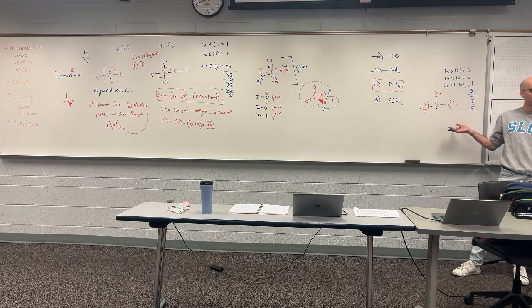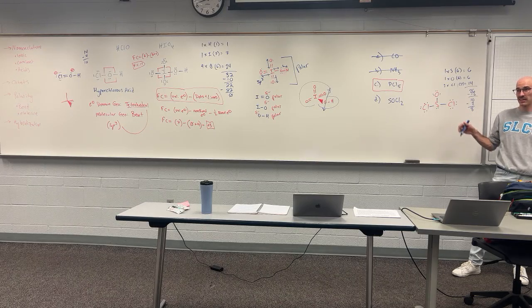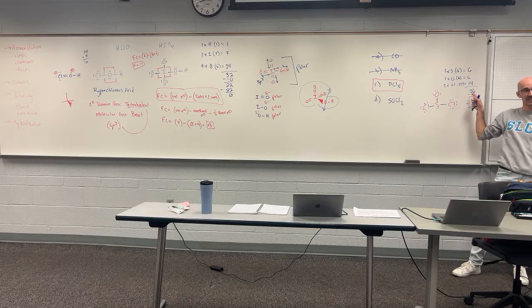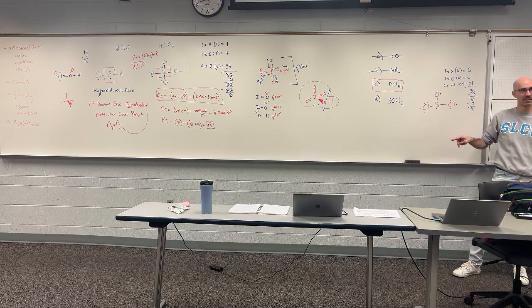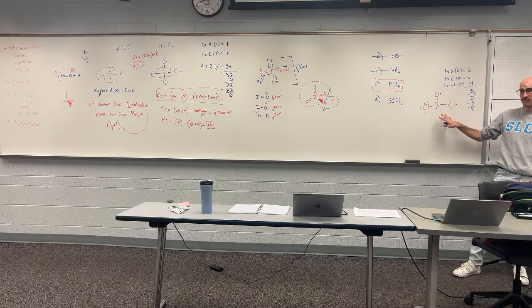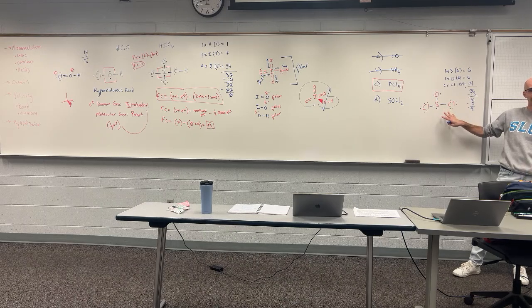Is this a valid form of SOCl2? I know I went through that in kind of a weird way because I didn't start by counting the valence electrons. I came back at it to figure out how many more I should have. But is this a valid form? Do you have concerns about this form? What concern do you have?